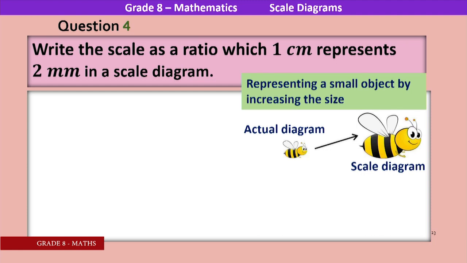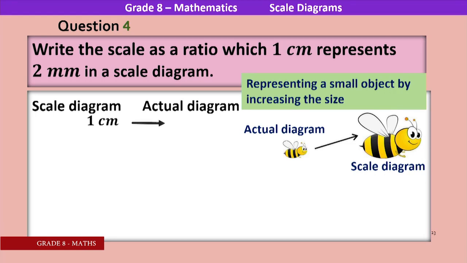Write the scale as a ratio in which 1 centimeter represents 2 millimeters in a scale diagram. How to do it? Scale diagram, actual diagram. 1 centimeter, 2 millimeters. Then what to do? You convert centimeters into millimeters.